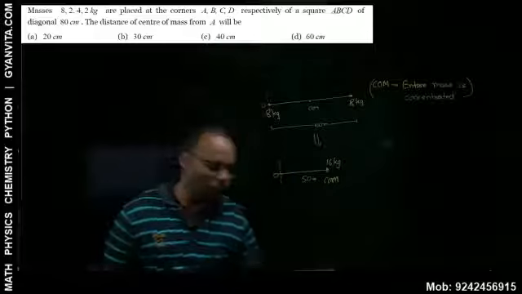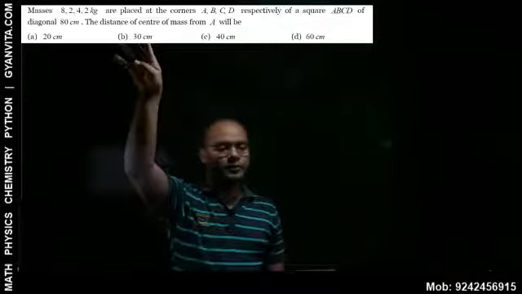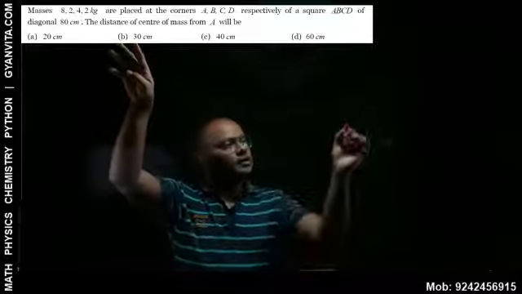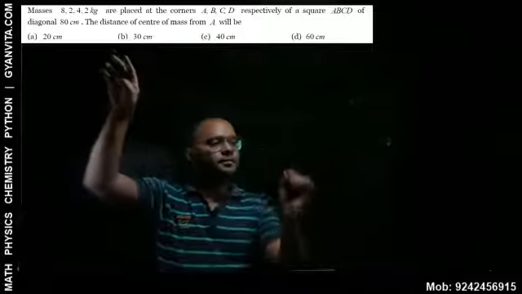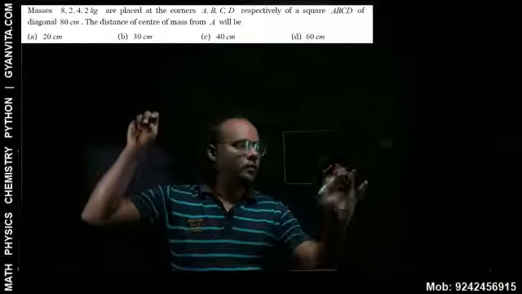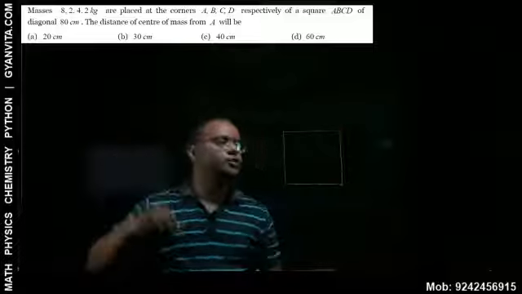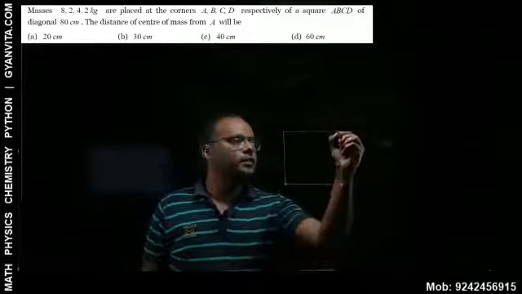Okay. Now we are going to apply the same logic in this case, where you have, in the form of a square, the masses actually situated at these corners or vertices of the square.